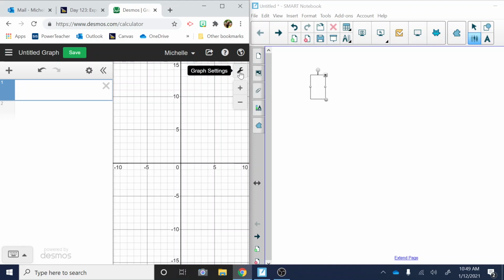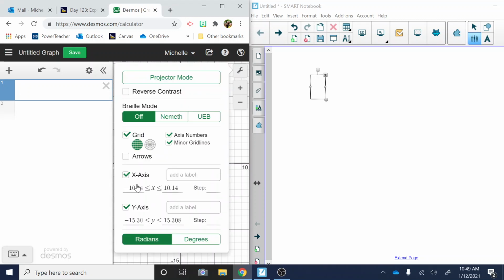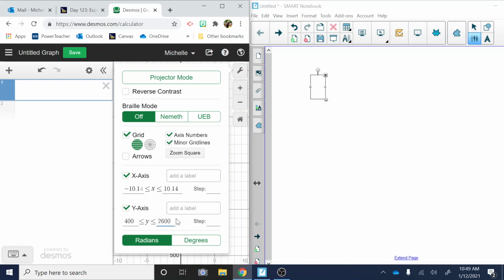So I'm going to go over to this wrench here. Instead of just using my hand to adjust the size, I'm going to actually tell it what to do. So I want my Y values to go, I'm going to show 400 to 2,600 as my viewing window. So a little bit outside of the restrictions that I'm given.